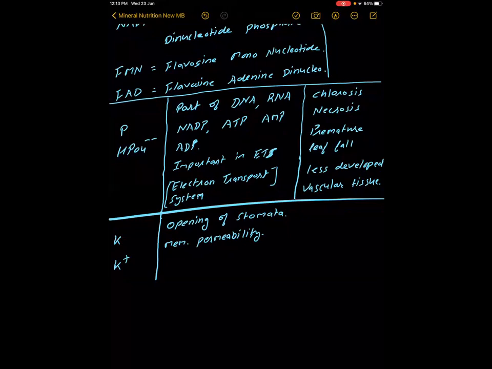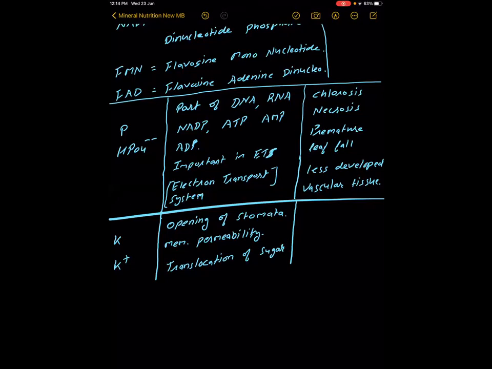Another important function of potassium is translocation of sugar. So these are 2-3 functions. It is also involved in osmotic regulation, photosynthesis, respiration, protein synthesis, but these are some important specific functions.